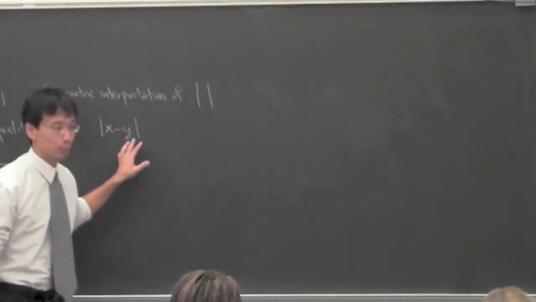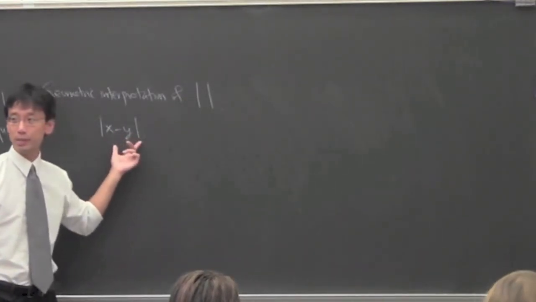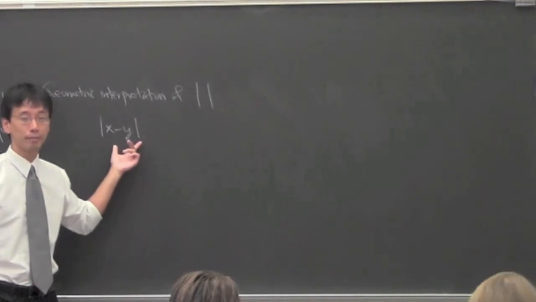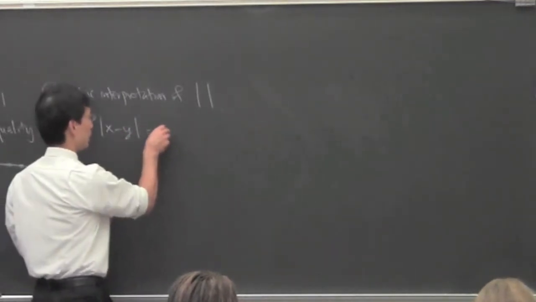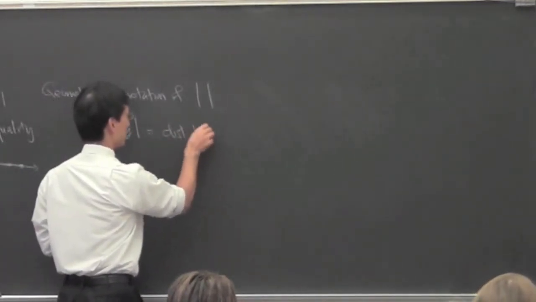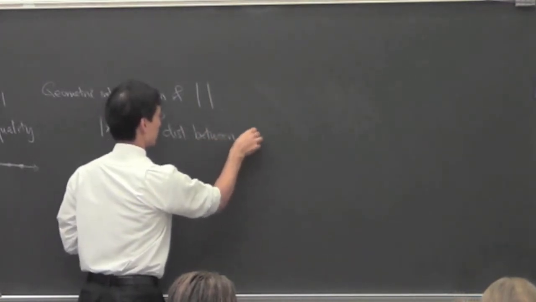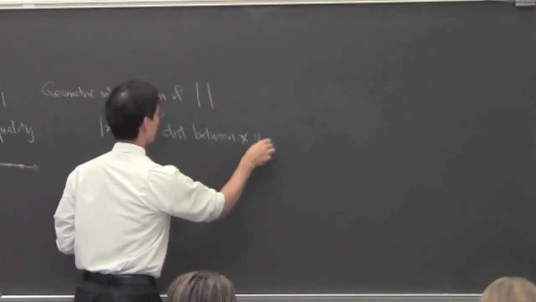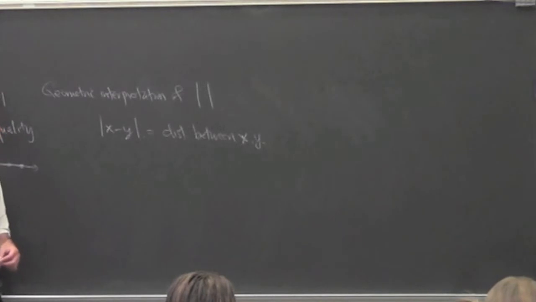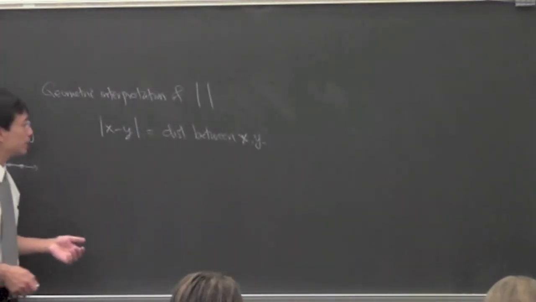There's a geometric interpretation about the distance. What did we say about it? This is the distance between x and y. You can sort of see that, right?